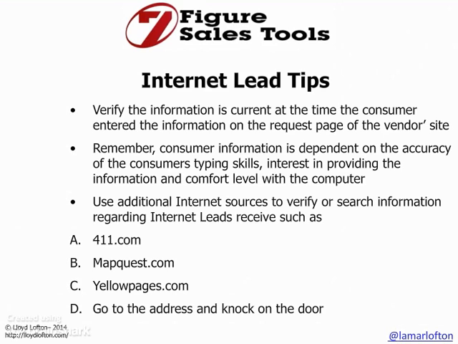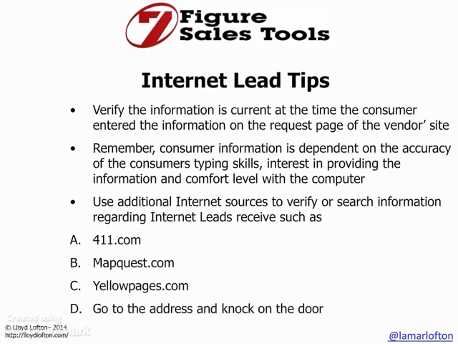Remember, the customer information is dependent on the accuracy of the customer's typing skills. On your keyboard, you have a number pad on the right-hand side, but you also have numbers at the top.